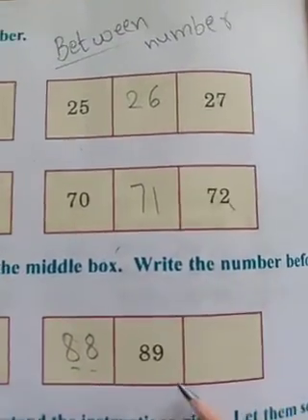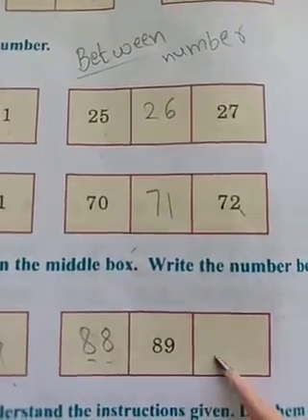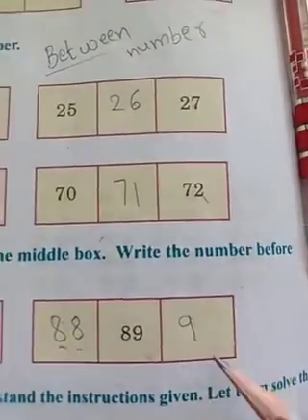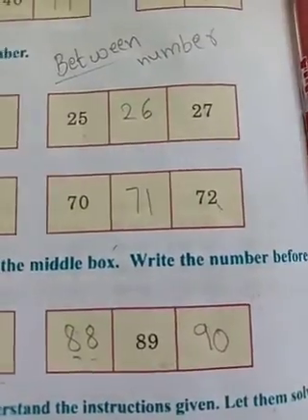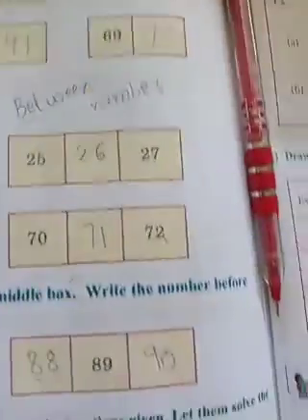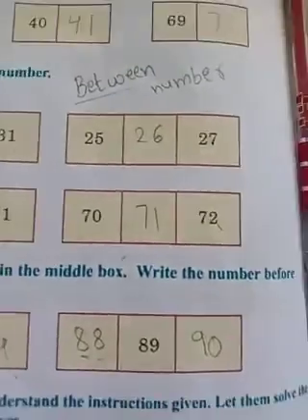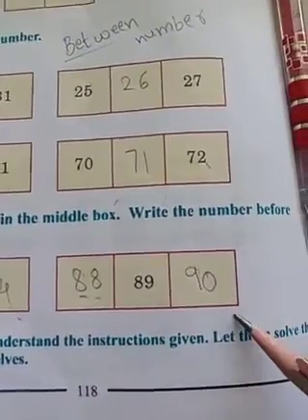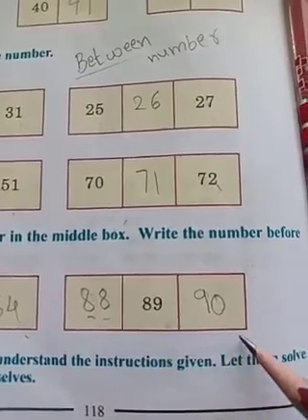After number: 89 is the big number, 8 tens is not enough, so 9 tens, 90. So 88, 89, 90.